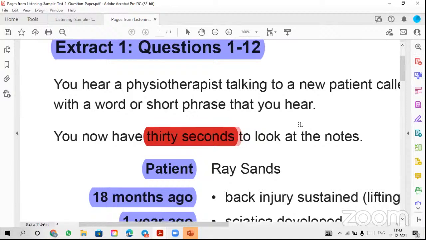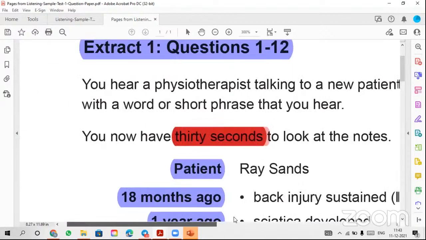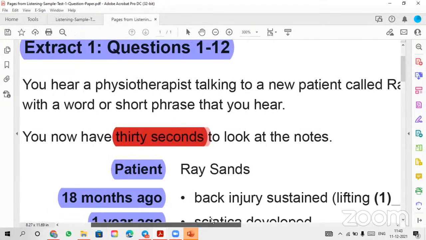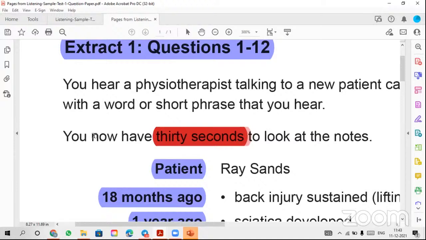You hear a physiotherapist talking to a patient called Raise Hands. For questions 1 to 12, complete the notes with the word or short phrase that you hear. But before that, now, presently means before. So that is the difference: now, later, finally.